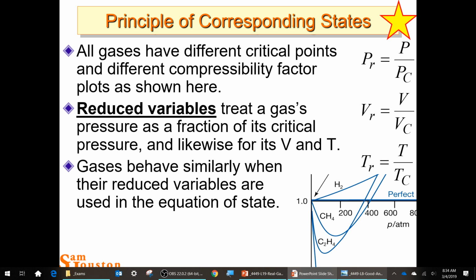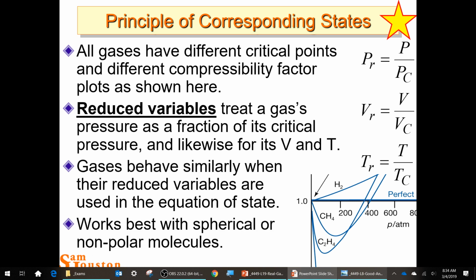In fact, I really don't like reduced. I would like scaled temperature, scaled pressure, and scaled volume, because you've scaled them by their critical constants. But there are 50 different ways to say the same thing. So these are unitless pressure, temperature, and volume. Of course, it works best with spherical or nonpolar molecules, but it still does work with polar molecules.